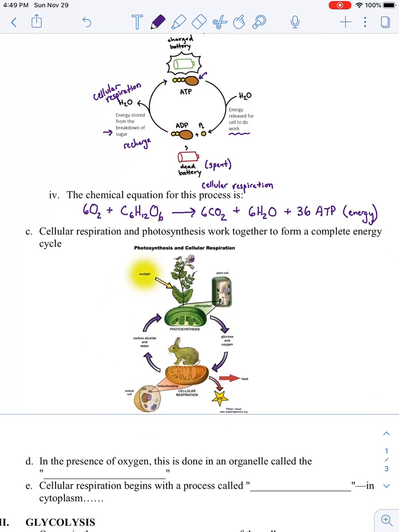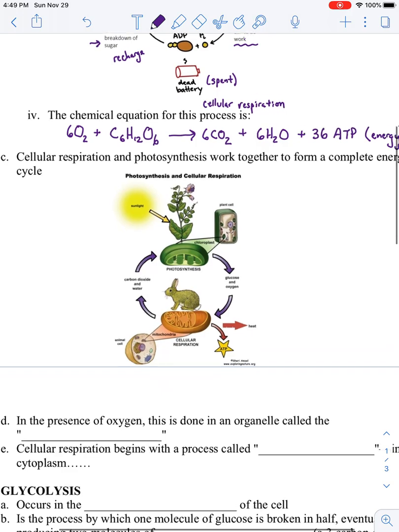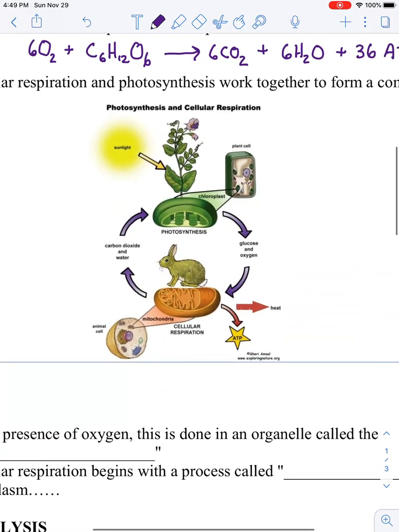Now, cellular respiration and photosynthesis work together to form a complete energy cycle, as shown in the picture below. Photosynthesis takes sunlight and uses water and carbon dioxide as the reactants to produce sugar and oxygen gas as the products.